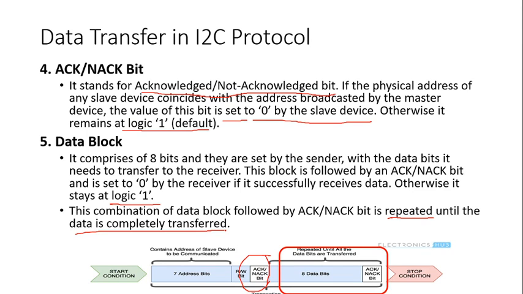For every byte, it will generate one acknowledgement or negative acknowledgement bit. So it has a self error checking bit, meaning whether the data is correctly received or not. That is given by these acknowledgement and negative acknowledgement bits.